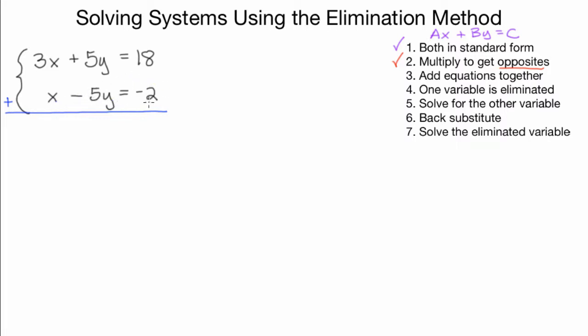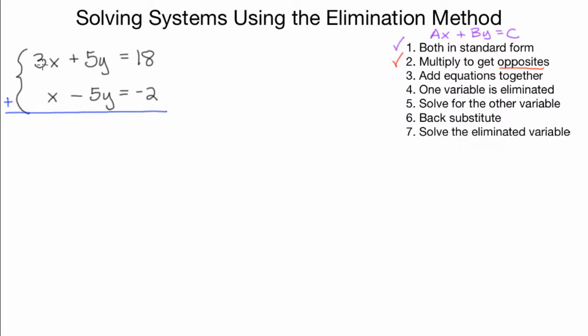Since x minus 5y is equal to negative 2, if I add x minus 5y on the left side and add negative 2 on the right side, I'm adding equal things to both sides. So my original equation is still good. It still satisfies the original problem.